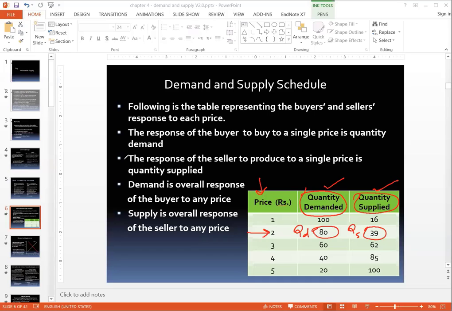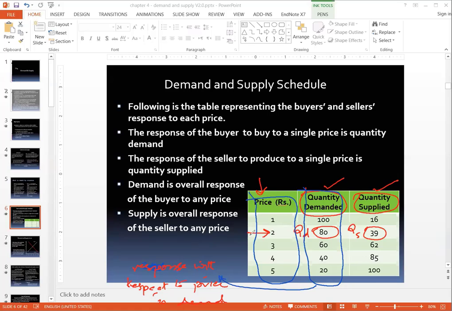Demand is actually the overall response of the buyer to any price. So suppose this is the changes in price and this is the response of the buyer. When you compare these two, the response with respect to price is demand.